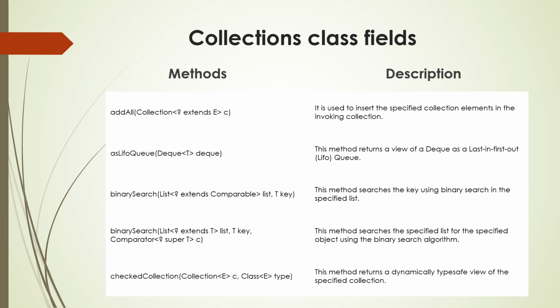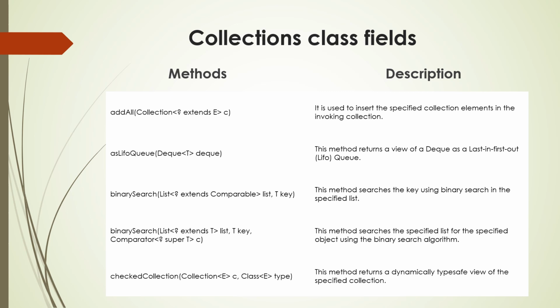This method searches the specified list for the specified object using the binary search algorithm. We want to find the specified object in the list by using the binary search algorithm.